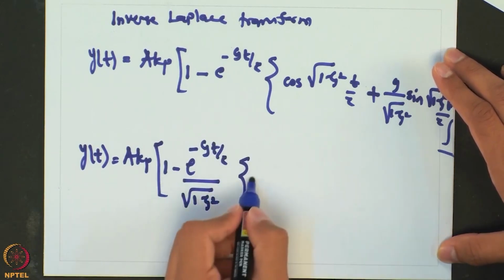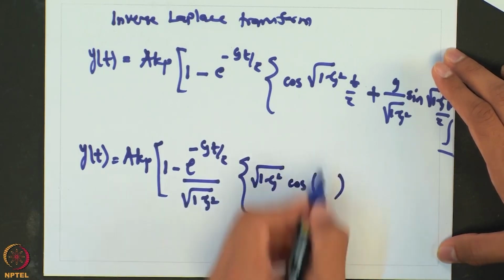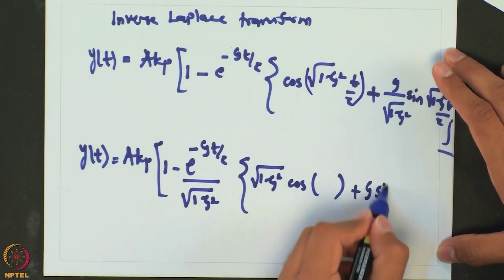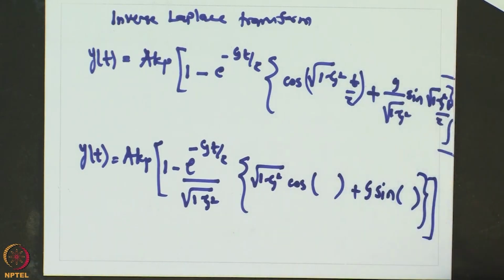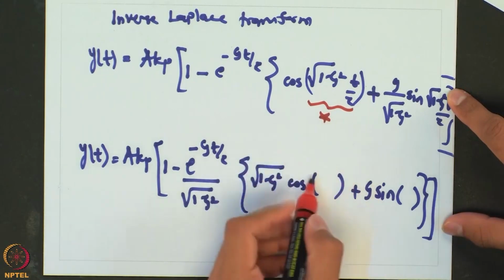So what we are going to have is root of 1 minus zeta^2 cosine of this angle plus zeta into sine of this angle], where I am simply writing this as star.